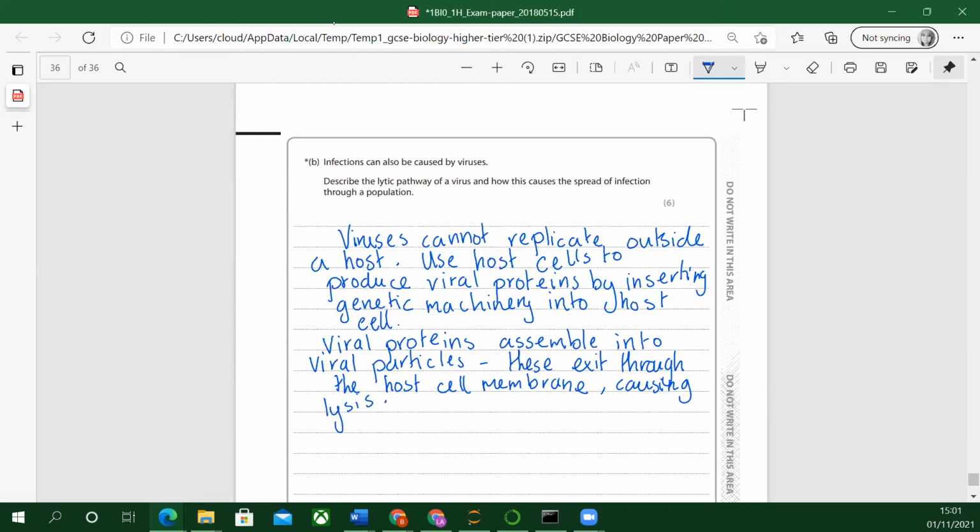Okay, so what this does is the spread. So virus particles leave the host in bodily fluid, so coughing, sneezing, things like that.